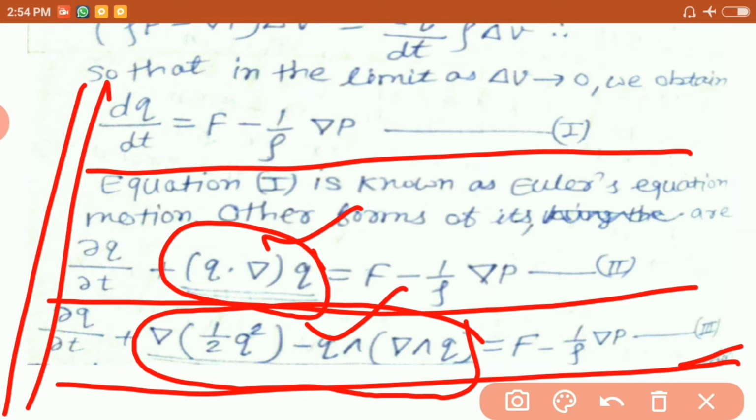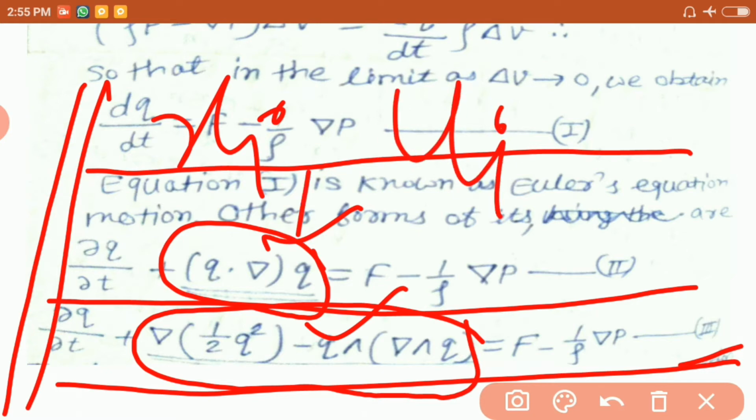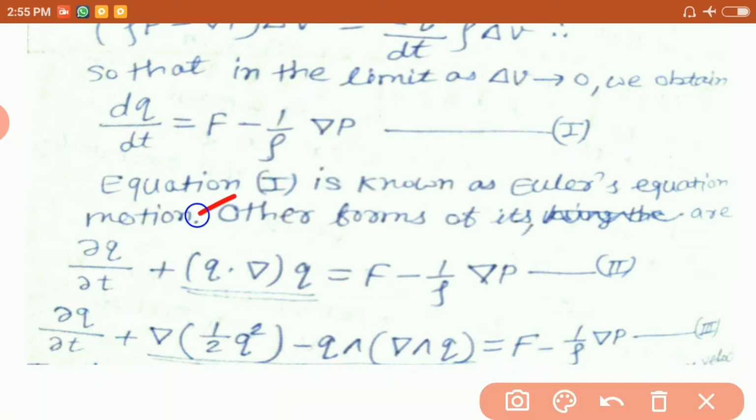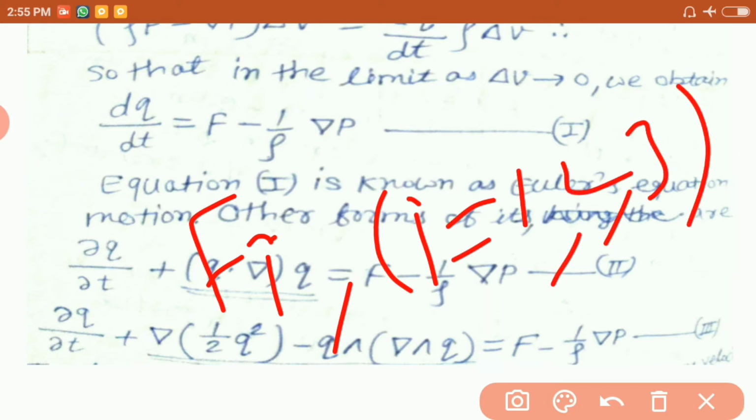These three equations can be written in the tensor form, with x_i as coordinates, u_i as velocity components, and F_i as components of body force, where i is equal to 1 to 3.